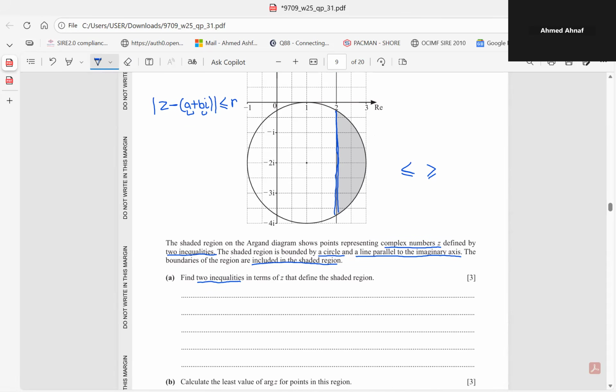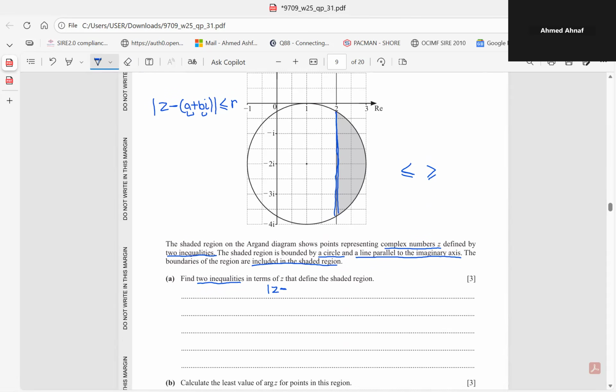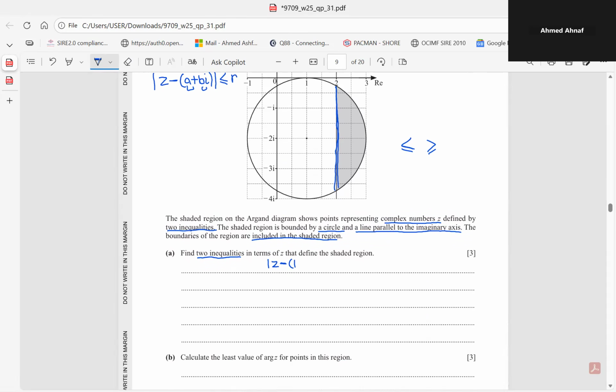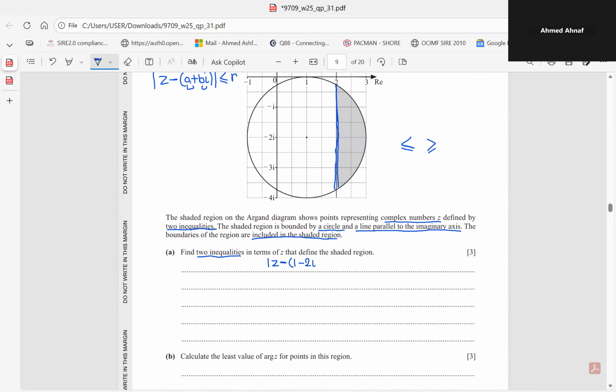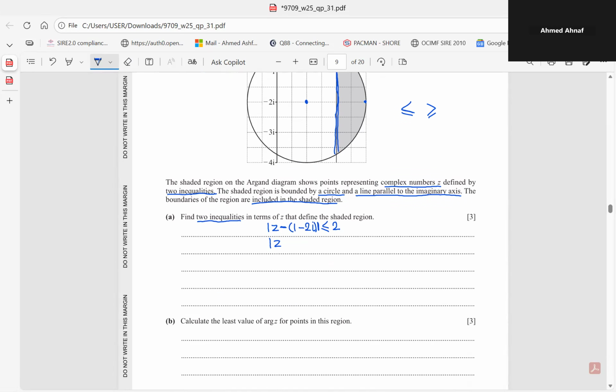So this is modulus of z minus (a plus bi), where a is 1 and b is minus 2, less than or equal to the radius. What's the radius? Starting from 1 to the end, which is 3, the radius is just 2. And you get modulus of z minus 1 plus 2i less than or equal to 2. So this is the first one.